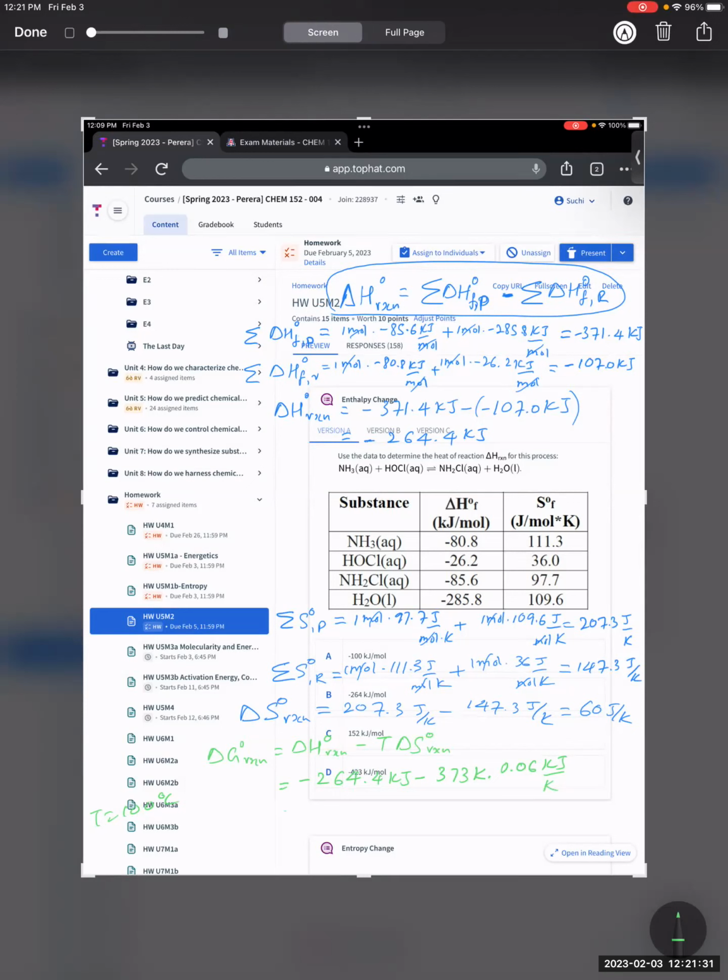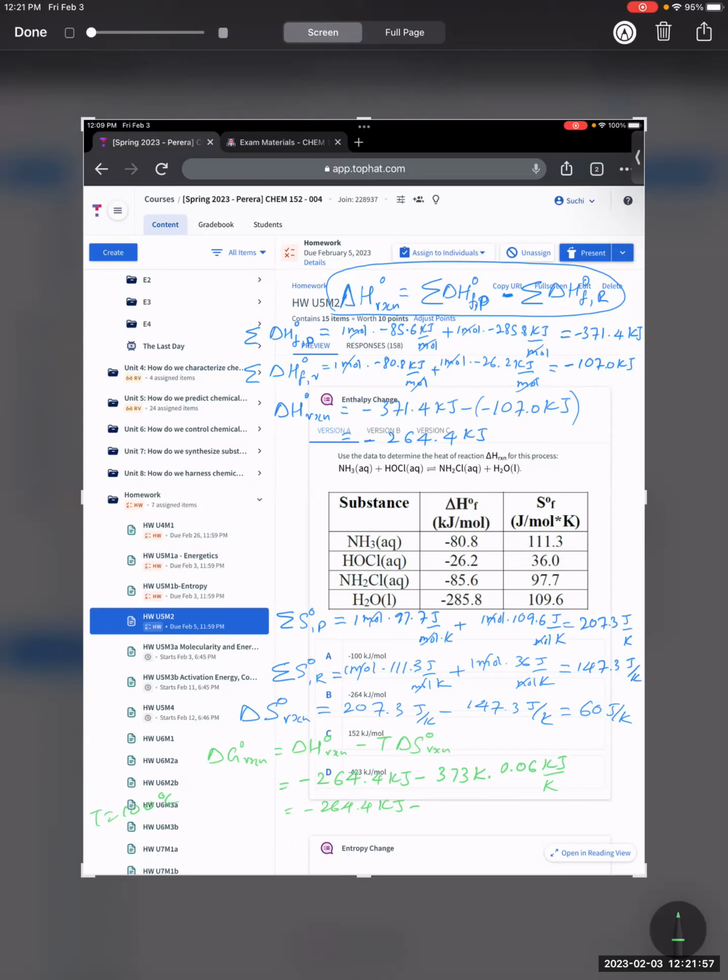I'm going to need a calculator to do this. Actually, 264.4 kilojoules minus 373 times 0.06. Let me do that. 373 times 0.06.